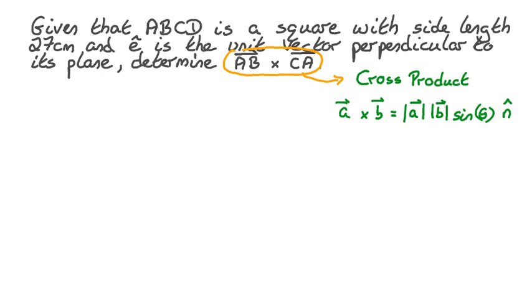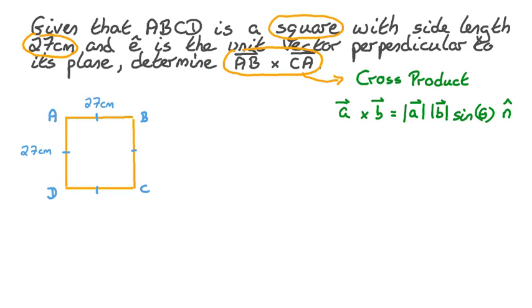Theta is the angle between the two vectors, and the unit vector n is perpendicular to both vector A and vector B. We are told that the square ABCD has side length 27 centimeters. As the magnitude of a vector is equal to its length, the magnitude of vector AB is equal to 27.